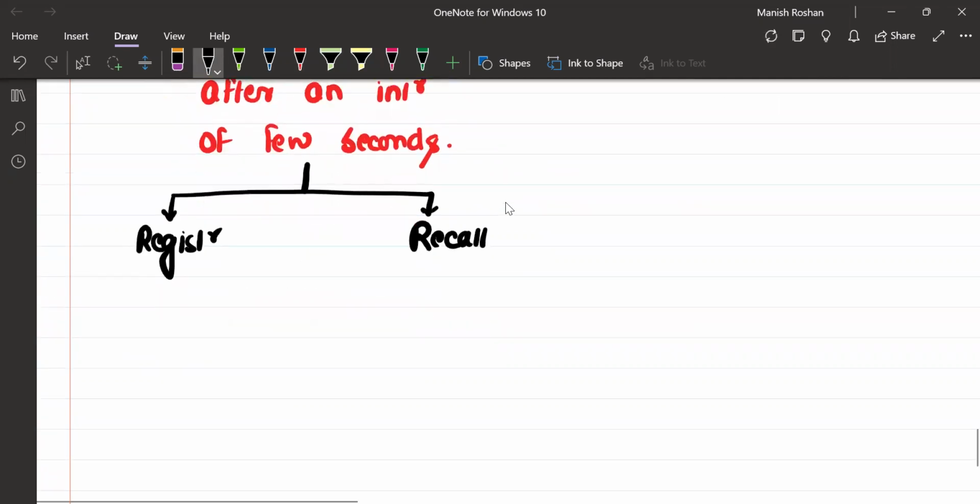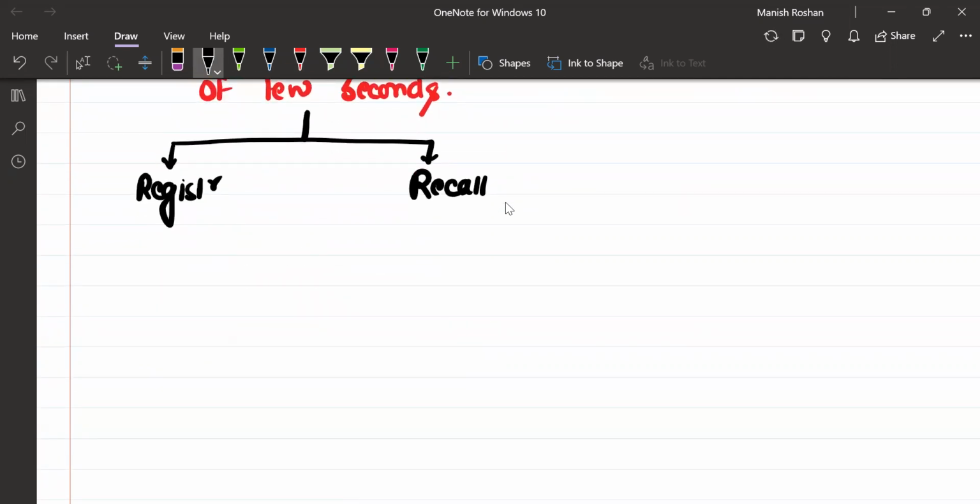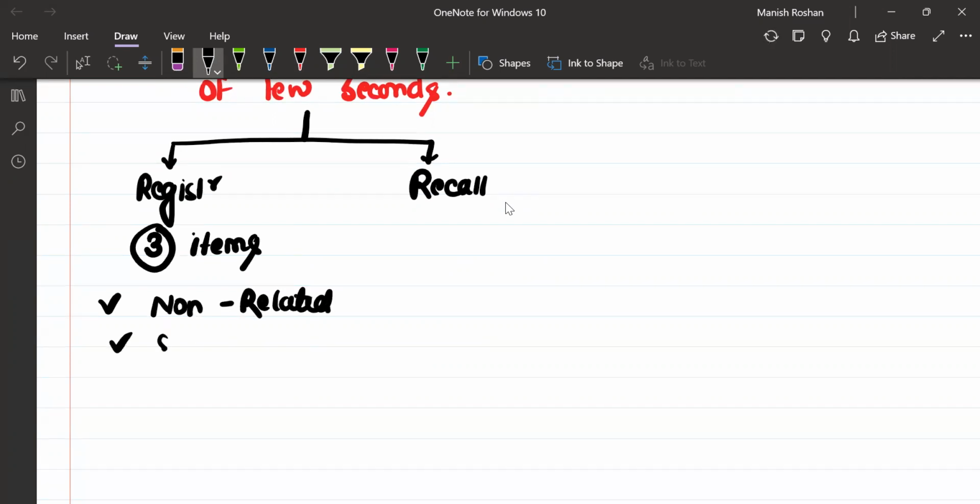So how to do the registration? Definitely you can give 3 items. These items should be unrelated. These items should not be present in your vicinity.